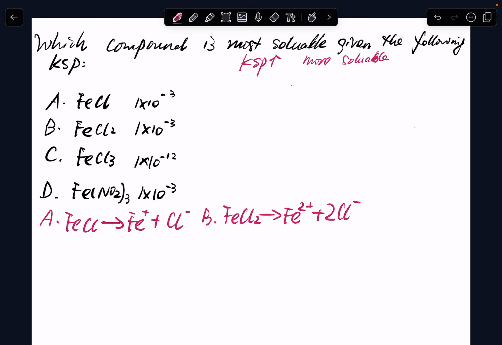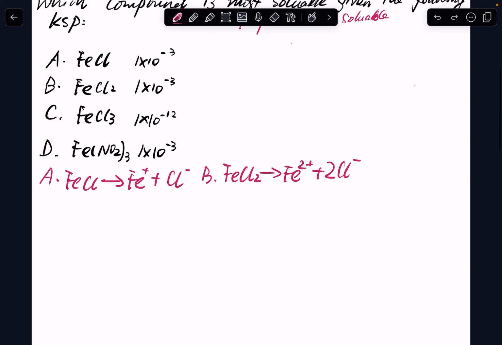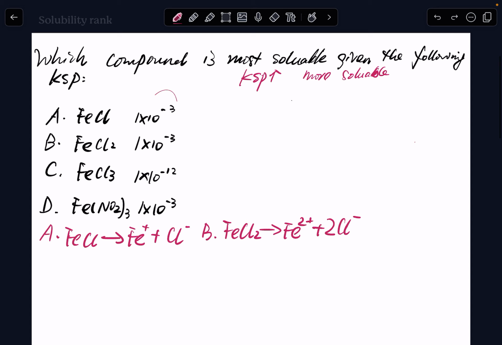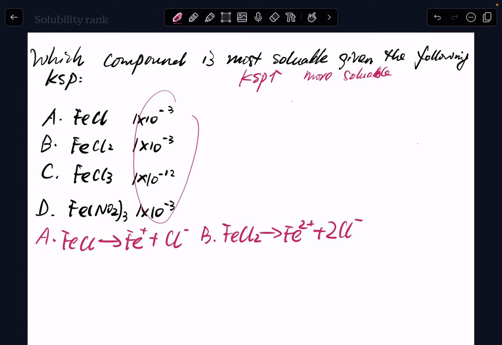So A and B already have different numbers of moles of products, which means you can't just pick whichever Ksp is the largest to find the most soluble one. That doesn't work here. We have to calculate their molar solubility.